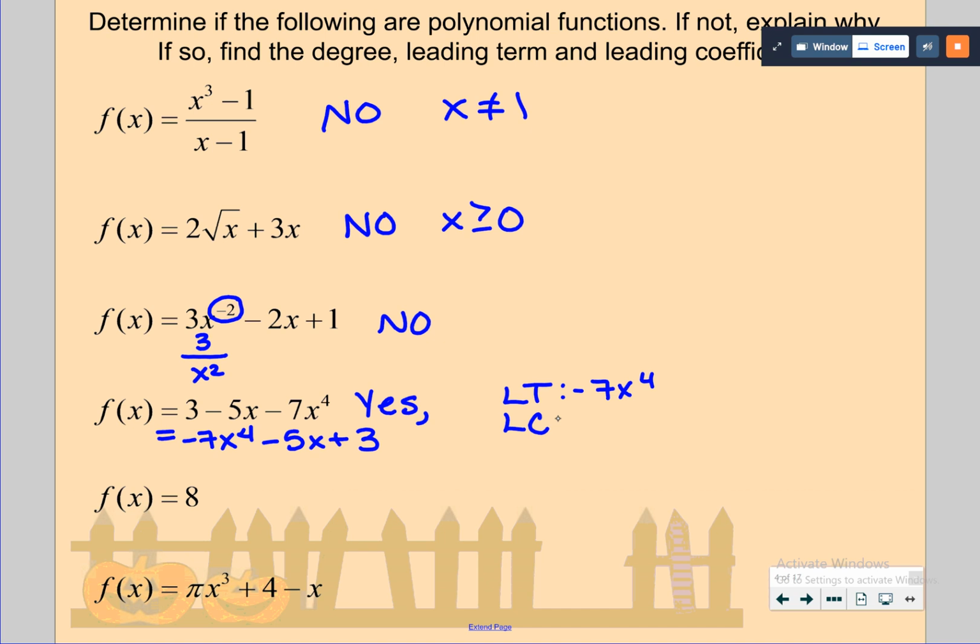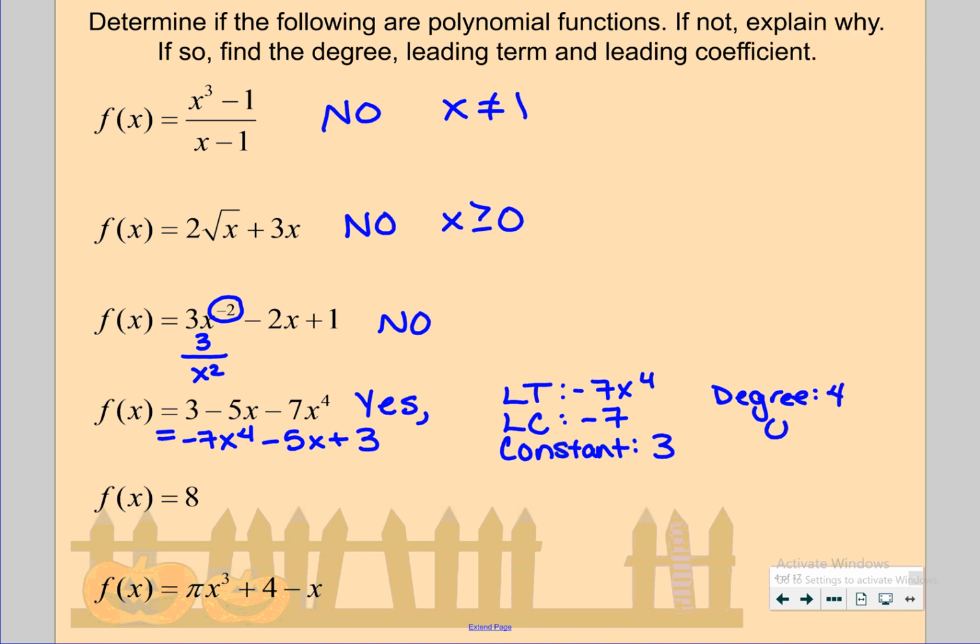What is the leading coefficient? Negative 7. What is the constant? 3. What is the degree? 4. And so if I were going to give this a name, I would say this is a quartic function. That's a degree 4 polynomial. Okay, make sense?